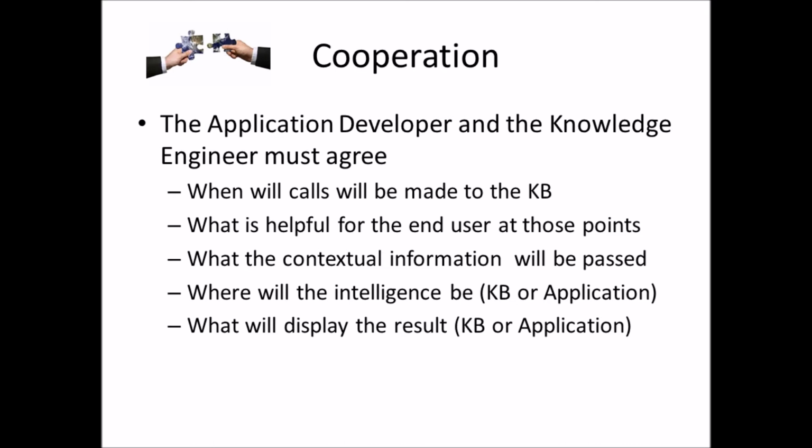They must agree when the calls will be made to the knowledge base, at what points in the application, what's actually going to be helpful for the end user at those points, what contextual information will be passed, where the intelligence will be, how we will decide from that contextual information what is the useful piece of knowledge, and how we will display the result. Will it be the knowledge base user interface, or will it be the application itself that will display the help?